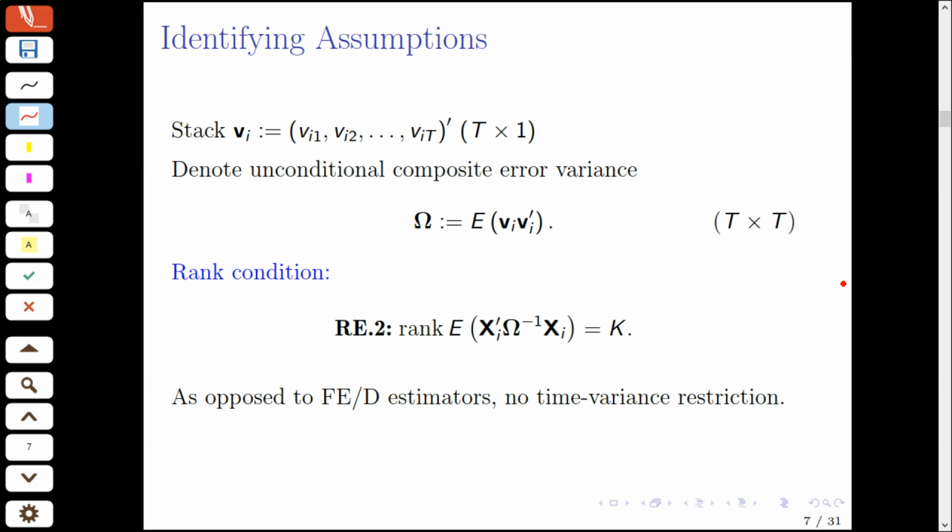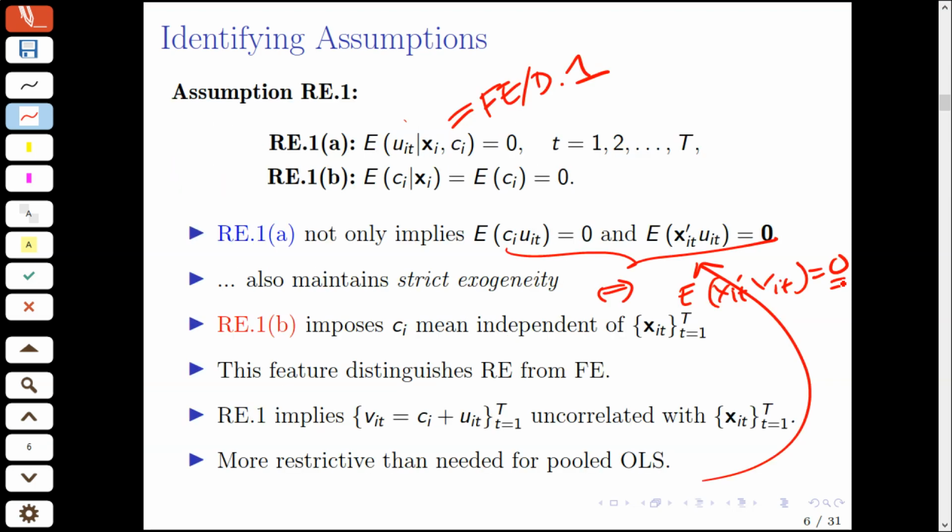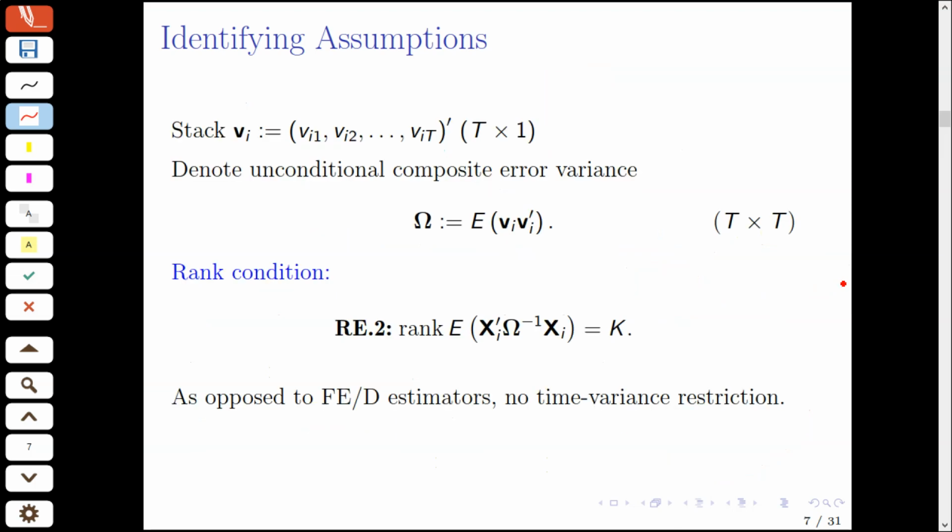Now, of course, the first random effects assumption is not sufficient for identification alone. We also need some version of a rank condition. Before we state this condition, it'll be helpful to stack the composite errors, the v_it, into a vector. Let's call it boldface v, which is then a T by 1 vector.